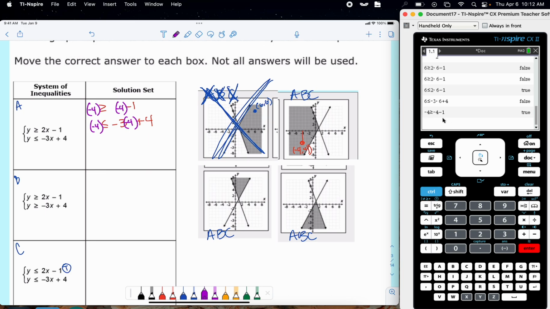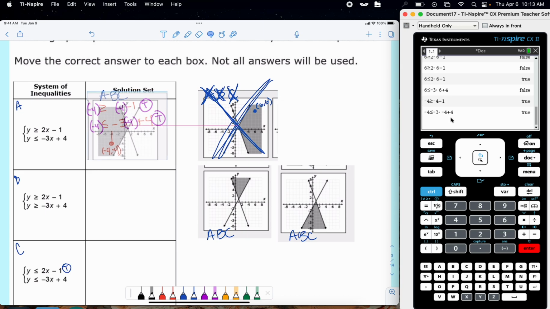That's true. Then -4, control equals -3 times -4 plus 4, enter. That's true. So we move this graph right here. That's your answer.